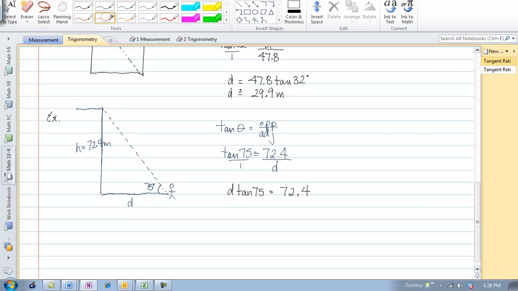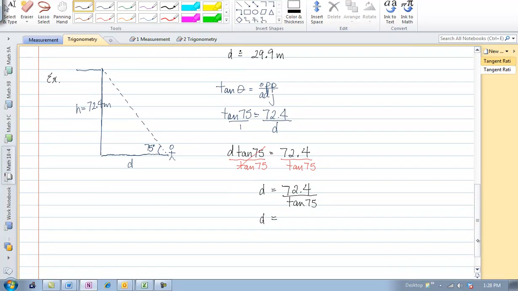To isolate our variable, we need to divide both sides by tangent of 75 degrees, and tan 75 divided by itself is just 1, so then we're left with D is equal to 72.4 divided by tangent of 75. Again, entering that into your calculator in degree mode, we can determine that the distance away from the building is approximately 19.4 meters.